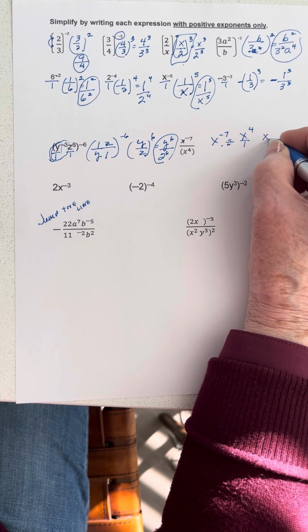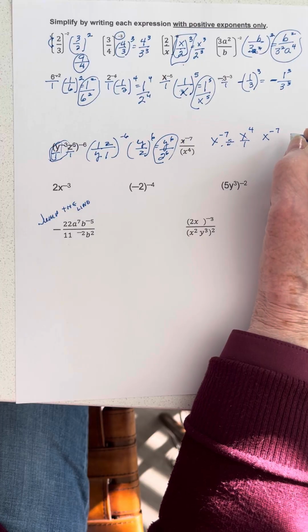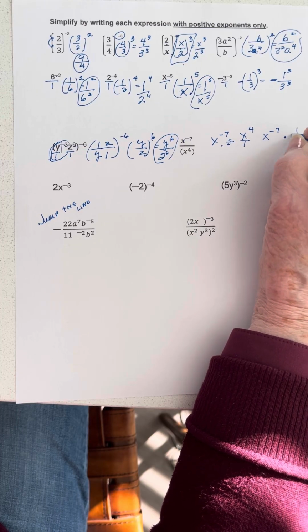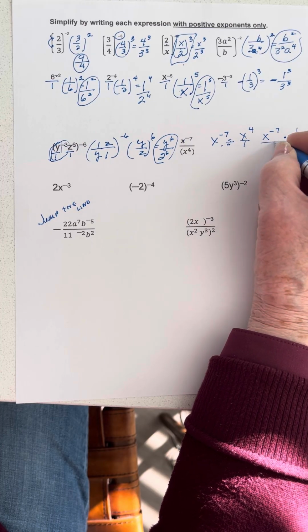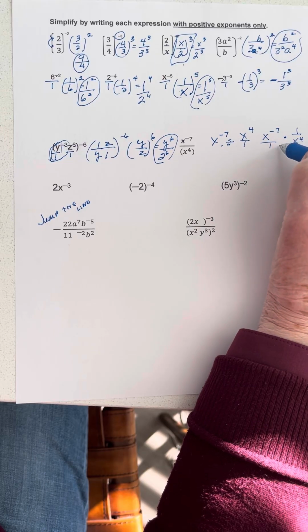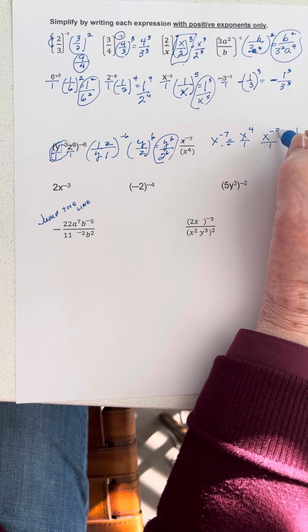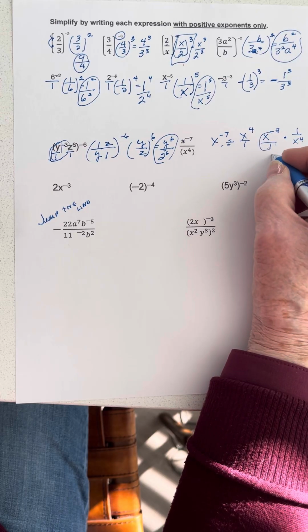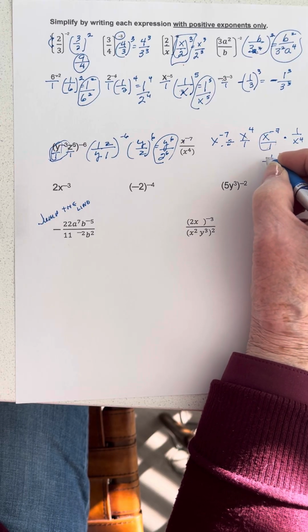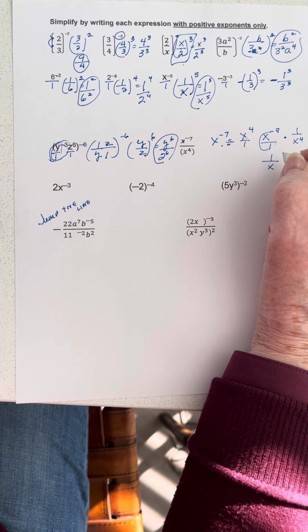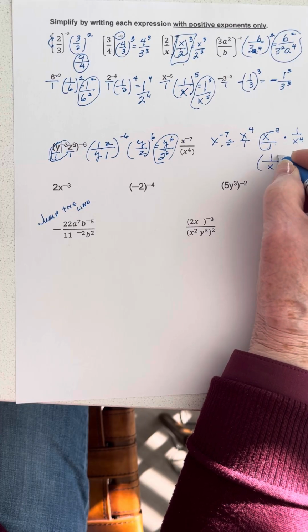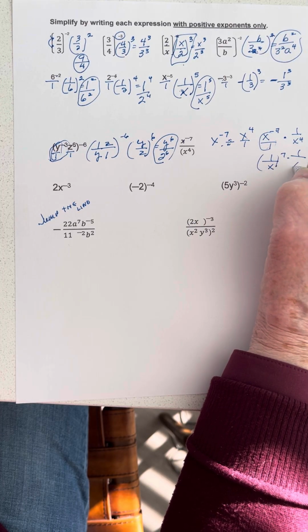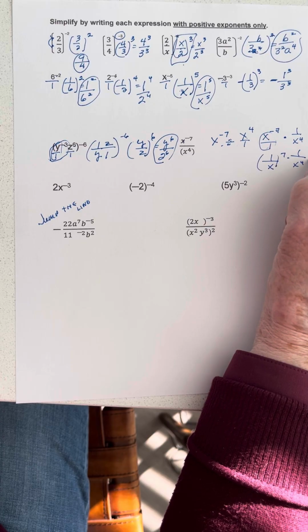So we have x to the negative 7th times 1 over x to the 4th. Now to make this positive, we're going to use the reciprocal of this. And that's going to be 1 to the 7th over x to the 7th times 1 over x to the 4th.